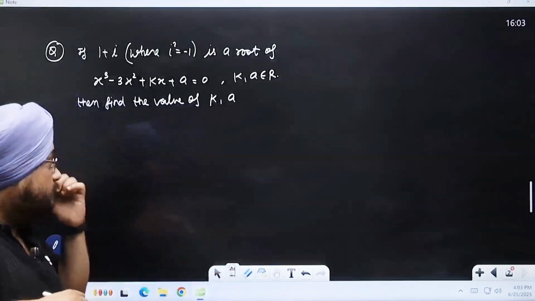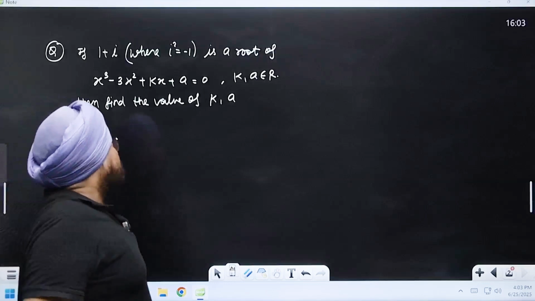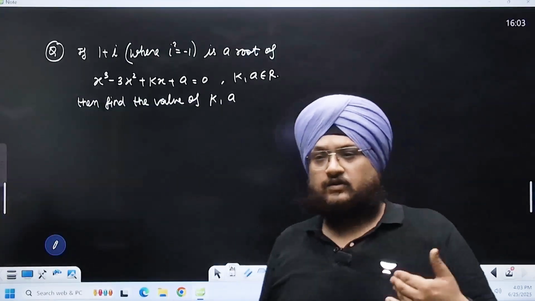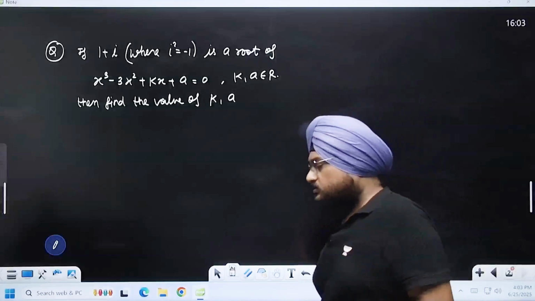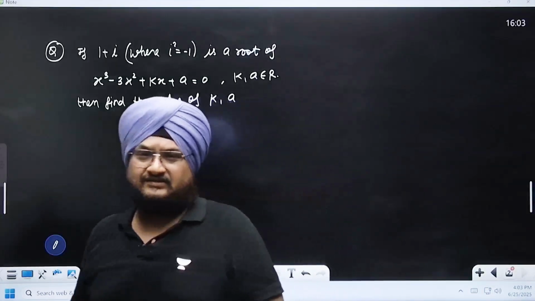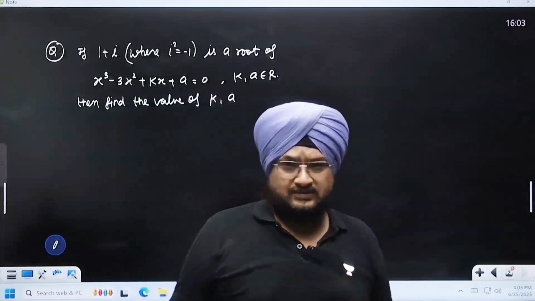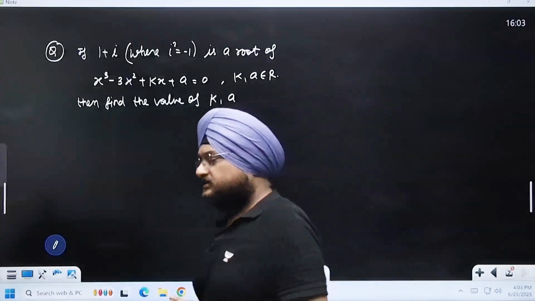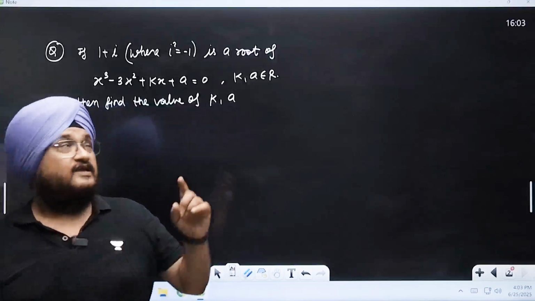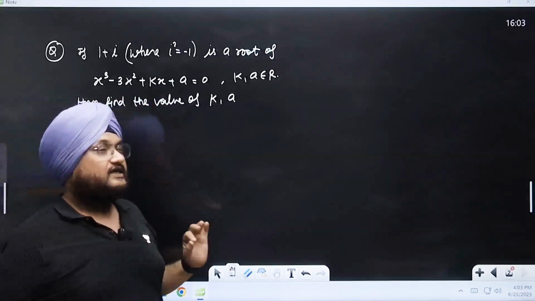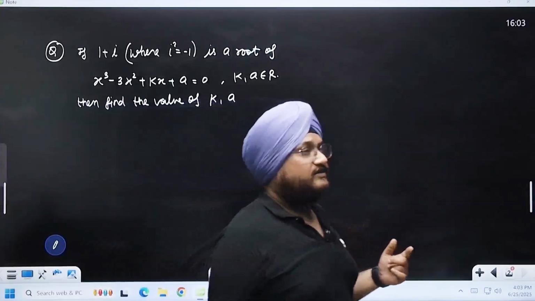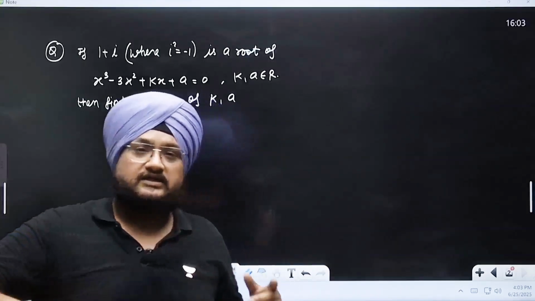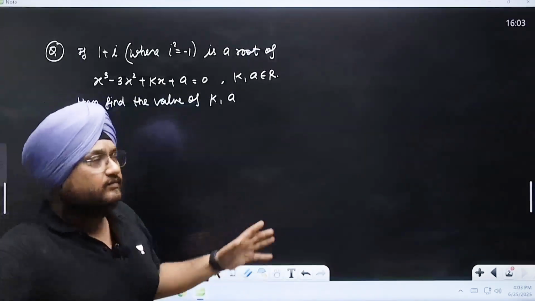Now this is a cubic equation. It must have 3 roots, either all 3 real, or 2 non-real and 1 real. Nothing else is possible, as we have discussed earlier that if the coefficients of a polynomial equation are real, then non-real roots always occur in pairs.